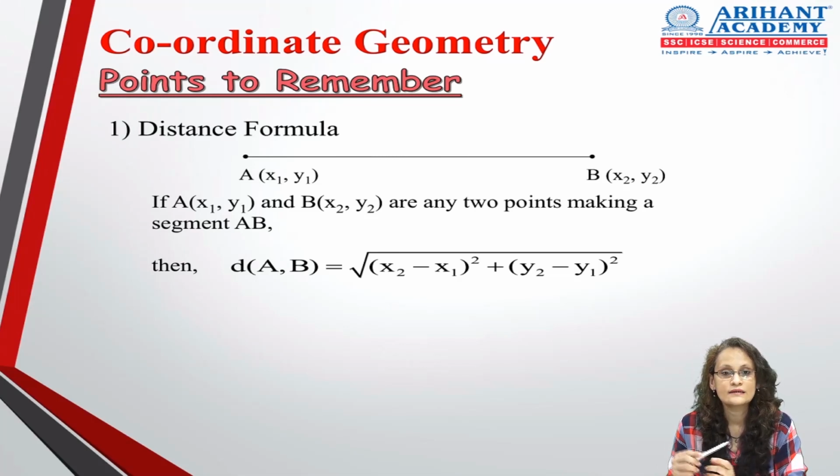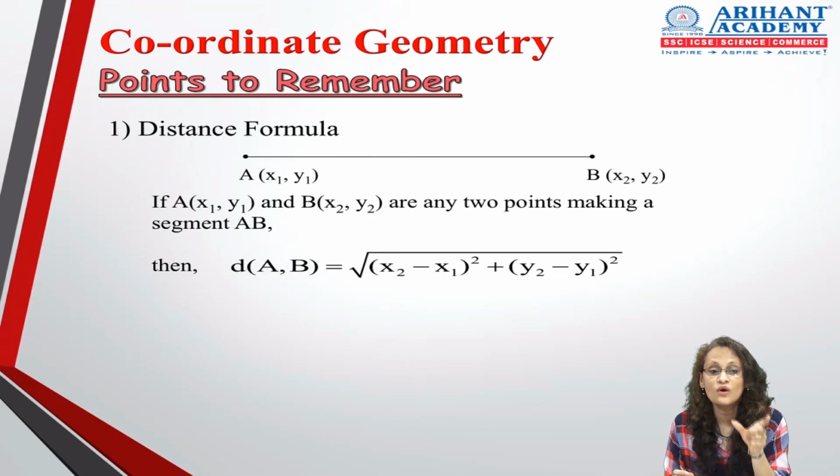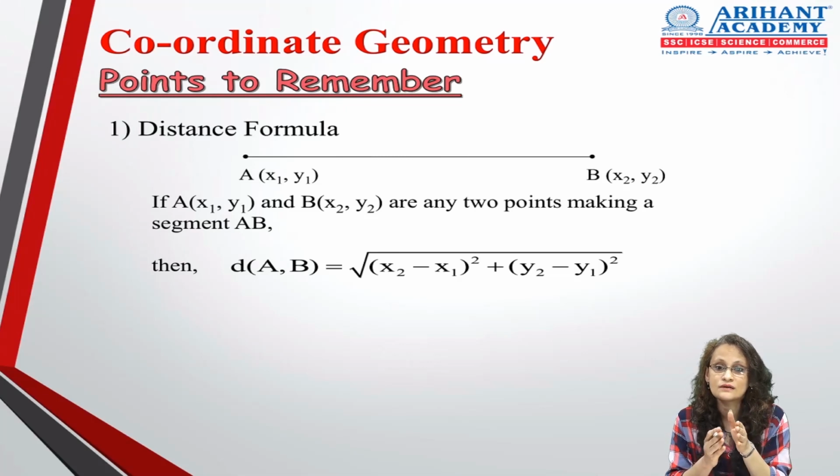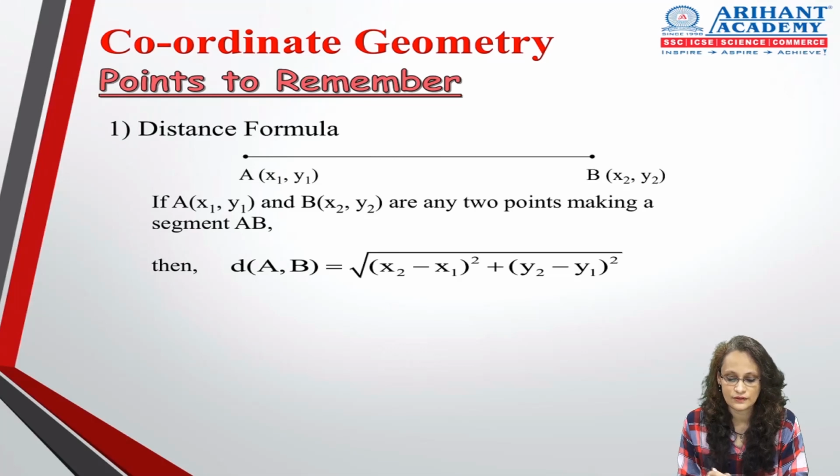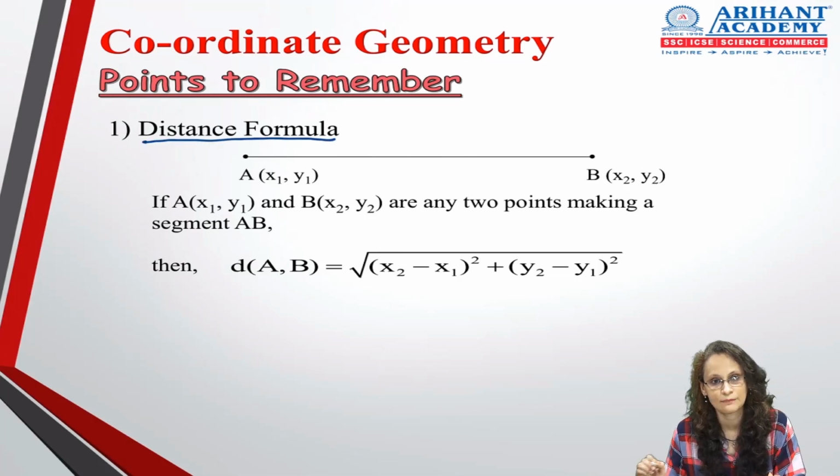Now, distance formula, in very basic words, distance is nothing but the gap or the separation or the space between two things. So, over here you can see the distance formula, which is the first formula of this chapter.